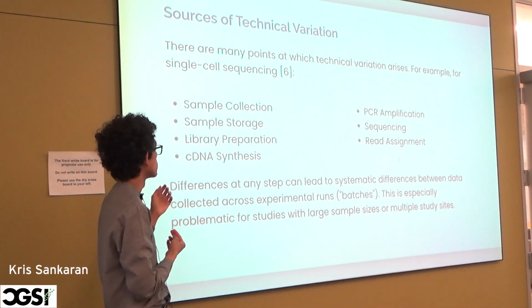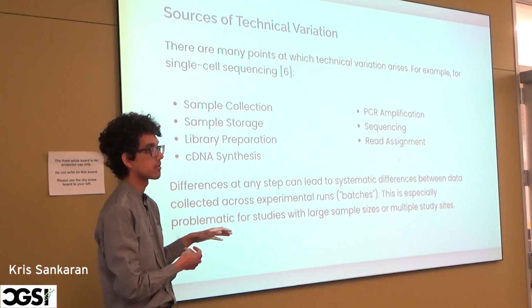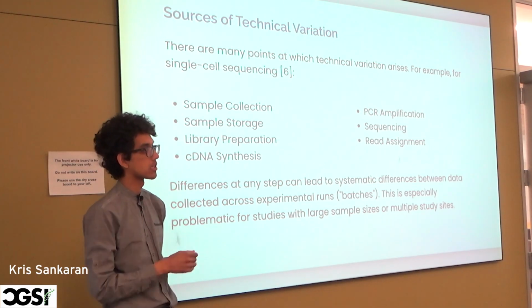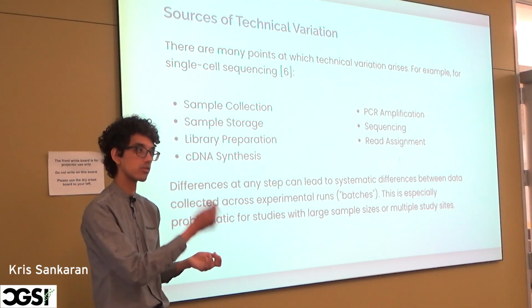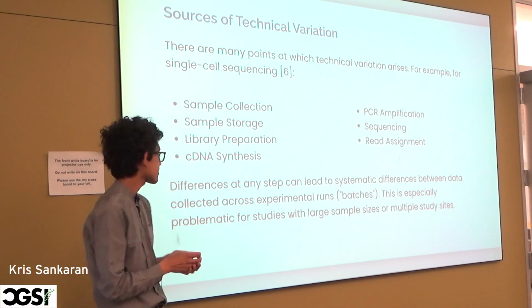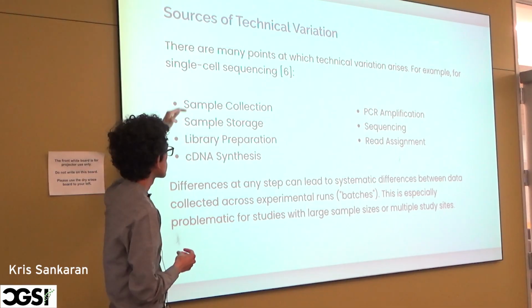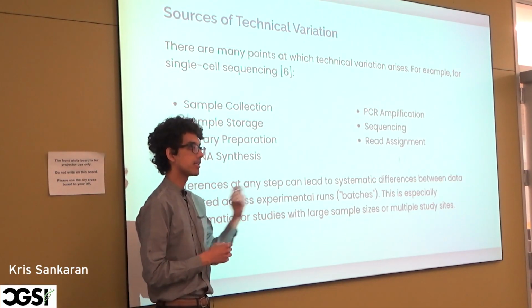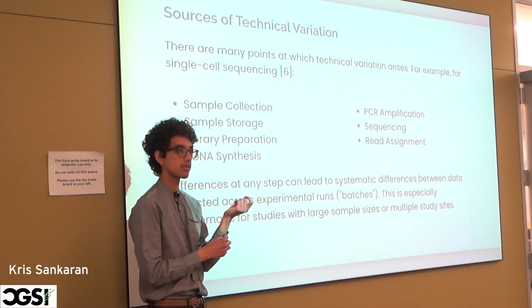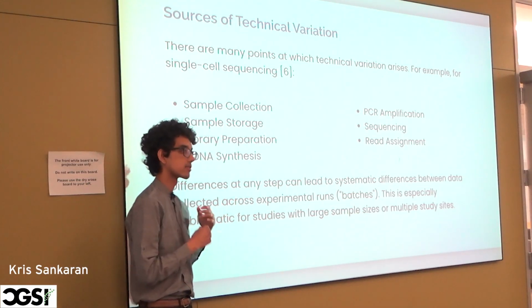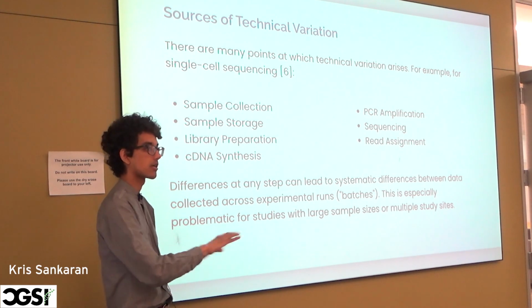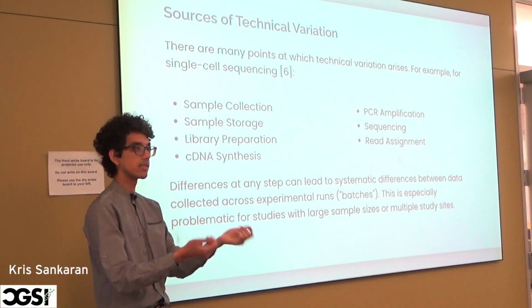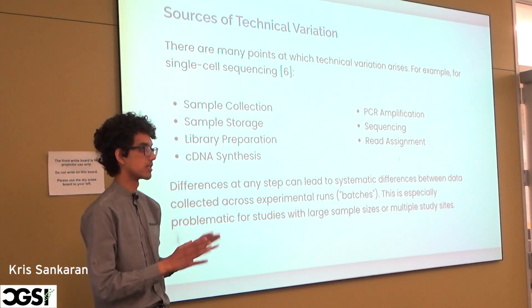If you use one extraction kit from one company versus another, that can have a huge effect on the actual DNA that you retrieve. So all along the pipeline, each of these steps can introduce some systematic technical bias. One hospital using one protocol, another hospital using another protocol, leads to these big batch effects that you see in that first PCA plot.